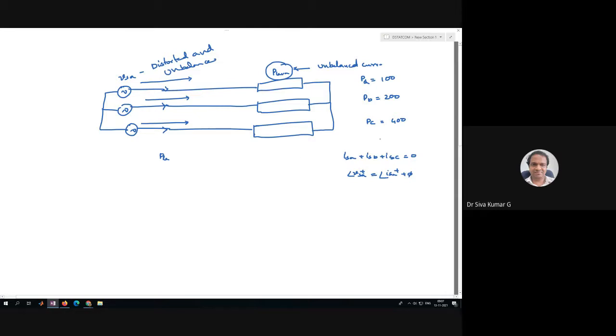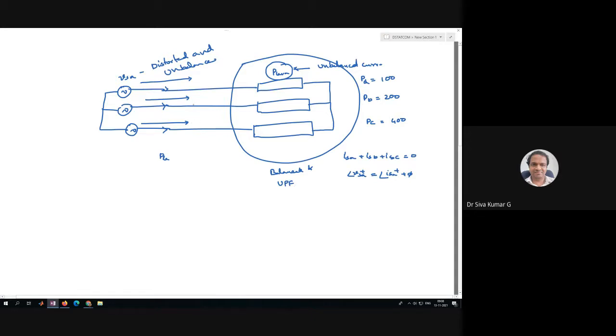While doing these things, from the source perspective it looks balanced, and it attains unity power factor.